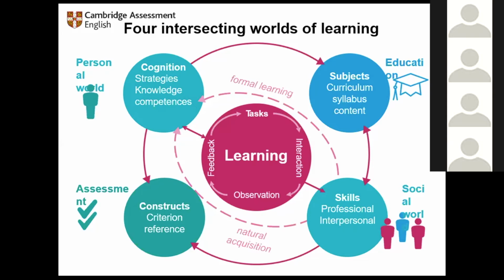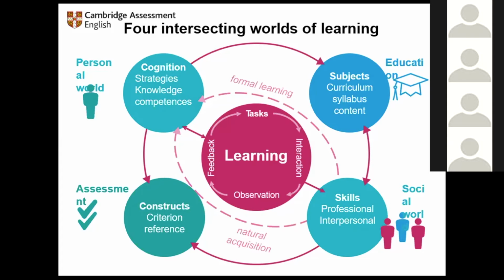That's my personal cognitive abilities, my knowledge, my competencies, my strategies, my approaches, etc. And that's interacted with the subject content, with the curriculum, with the syllabus, etc. And then, even if we are working in an online context, there's a very important social variable to be included in the learning process. And then finally, the standardized element of the process, which is the assessment.